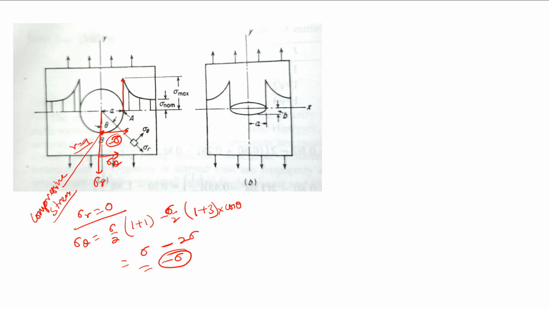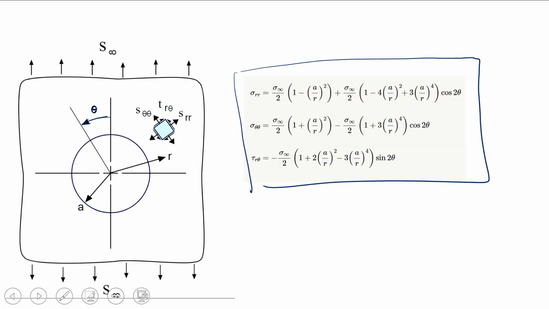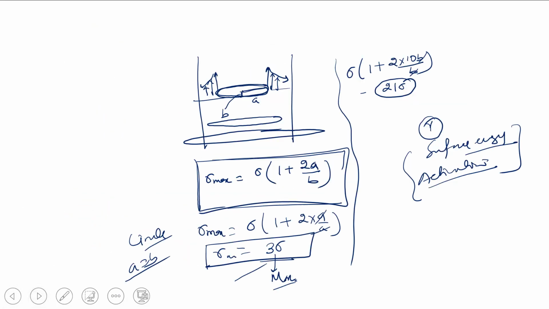So we have understood that here it is tensile and here it is compressive, and in between there will be some value. Here also it will be somewhat compressive in these zones, and in these zones there will be tensile, like that. This is from one point of view.